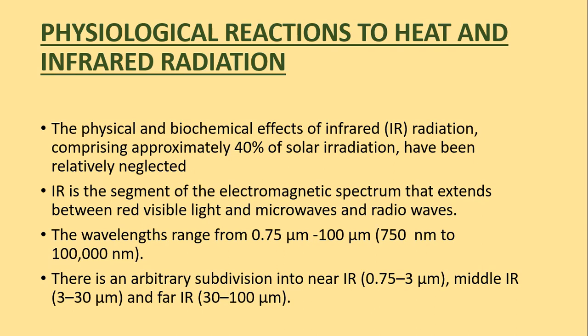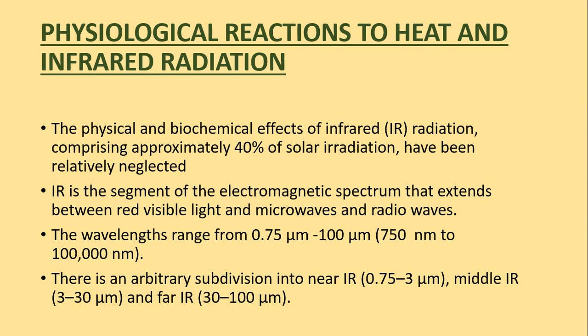Infrared is the segment of the electromagnetic spectrum that extends from the red visible light to the microwaves and radio waves. The wavelength ranges from 0.75 micrometer to 100 micrometer, that is 750 nanometer to 100,000 nanometer.